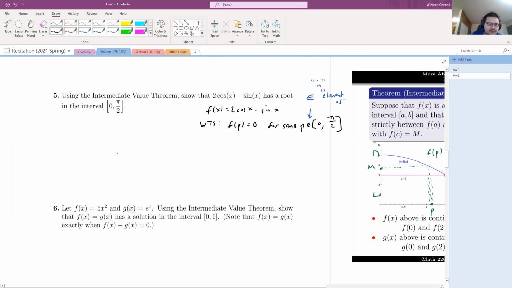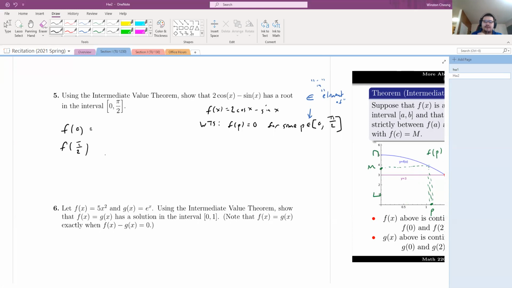So we'll do a quick test. We'll test f on the endpoints. And what are we hoping for? We're hoping that one of them is a positive number and one of them is a negative number. Because if one is positive and the other is negative, we know that the interval on the y-axis is going to contain 0. 0 will be somewhere in between.